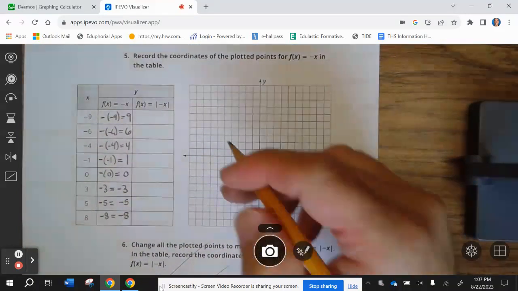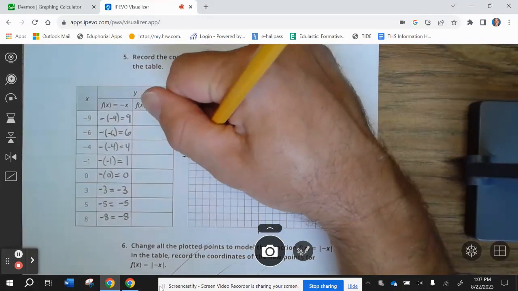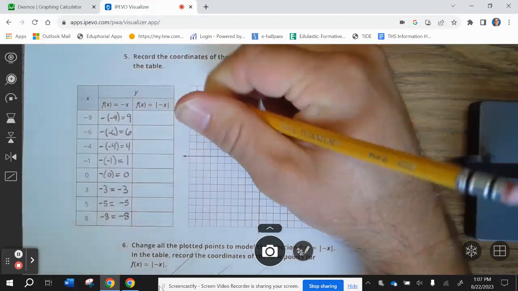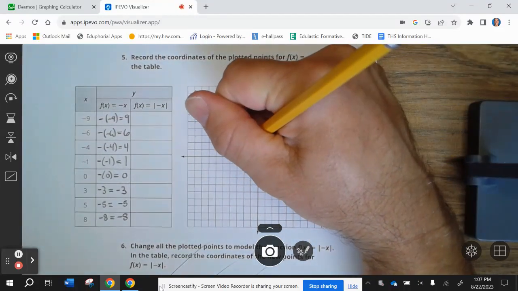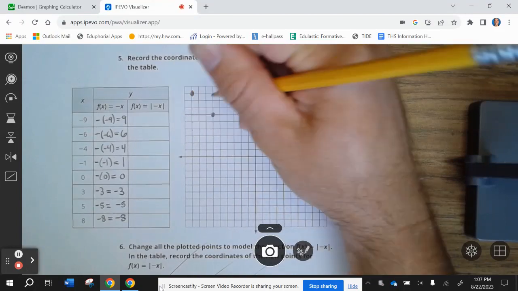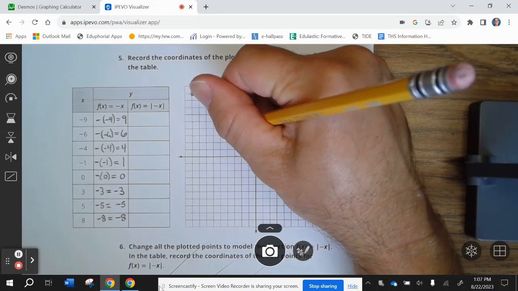All right, so let's go ahead and graph that in pencil. Negative 9, 9. Negative 6, 6. Negative 4, 4.